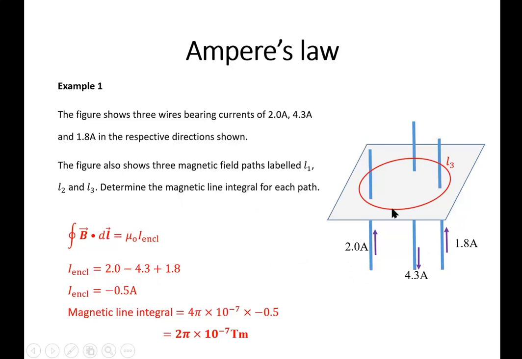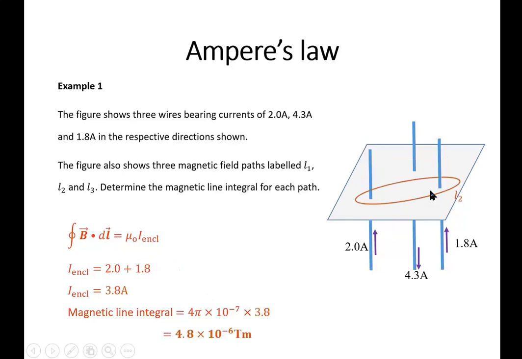For what we are doing here, the algebraic sum of all the currents adds up to negative 0.5 amps. That will be the enclosed current. We multiply it by the permeability of free space, and we get 2 pi by 10 to the negative 7 Tesla meter. That will be the line integral: the magnetic field multiplied by the length, Tesla meter.